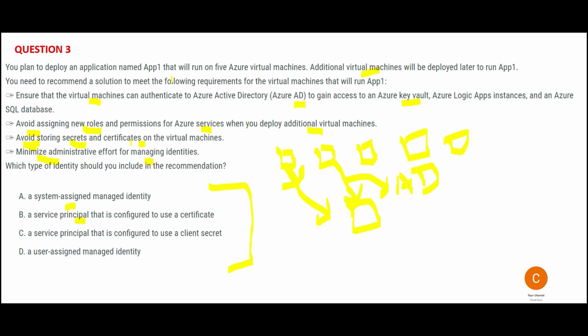This requirement clearly means that we need one access, like you get access to your main gate, and you can access the library, the gymnasium, swimming pool, tennis court, badminton court, and so on. So this one is wrong and this one is wrong. Now we've got to choose between system assigned and user assigned managed identity.